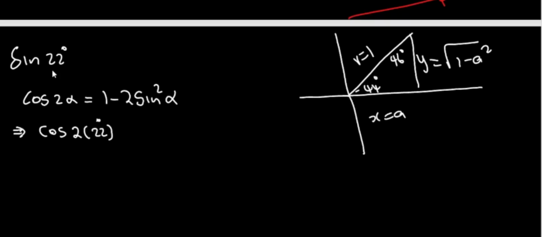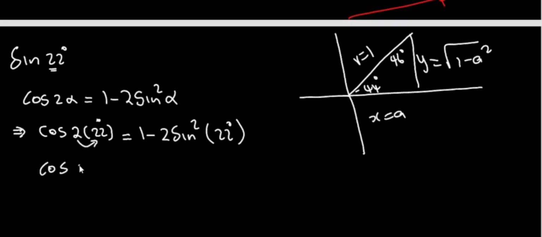Where there's alpha, we just substitute 22 degrees. This is equal to 1 minus 2 the sine squared of 22 degrees. The next thing we can do is solve for sine 22. If we multiply out the bracket here, this will give us cos 44, equated to 1 minus 2 the sine squared of 22 degrees.